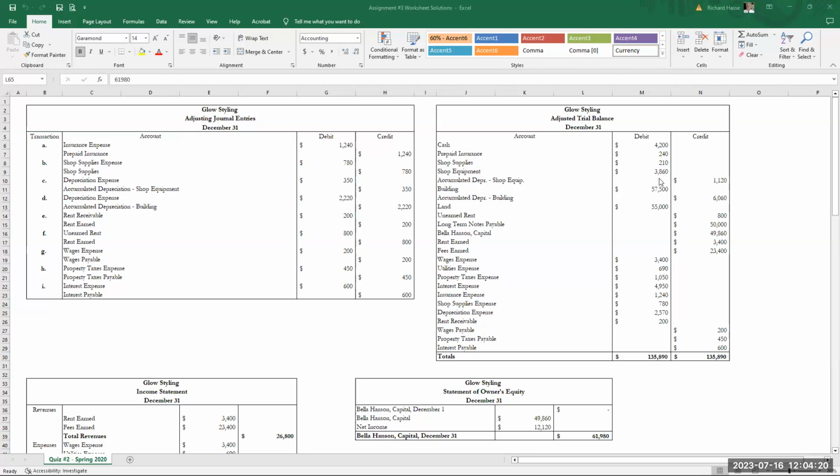Another problem area was letter E. A beautician is behind on space rental payments, and this $200 of accrued revenues was unrecorded at the time the trial balance was prepared. In other words, $200 of revenue accrued, meaning it's been provided, but it has yet to be paid.